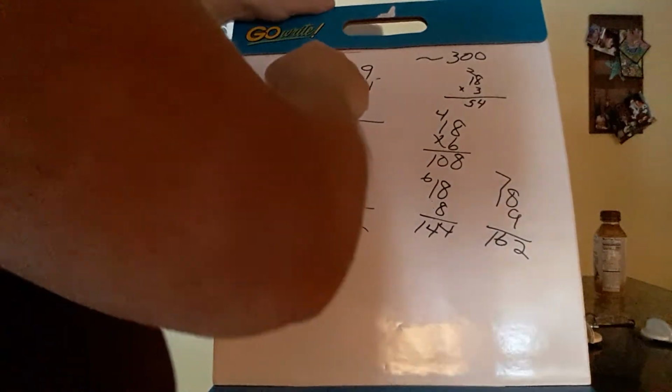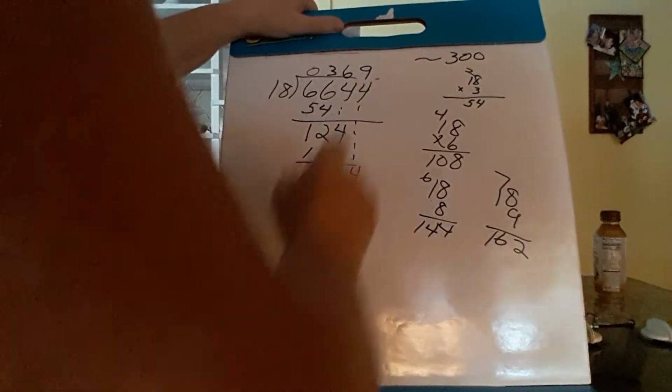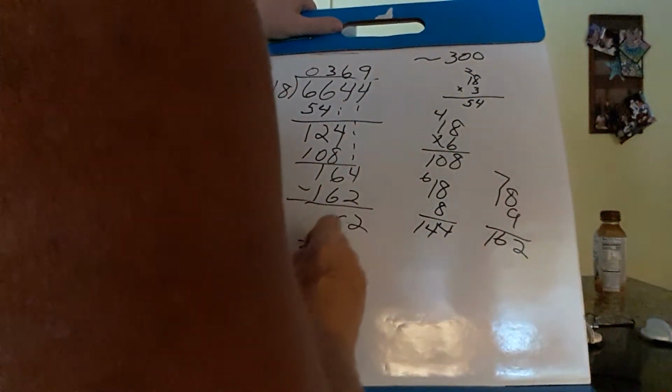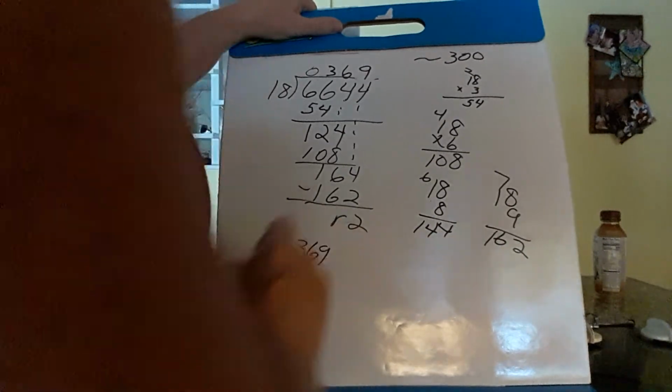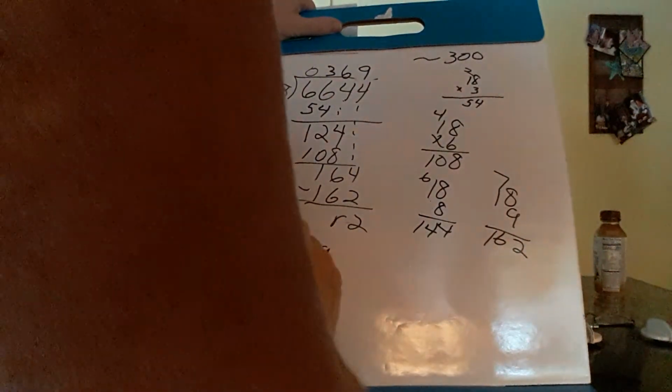So we take our quotient, the answer, 369 times 18.